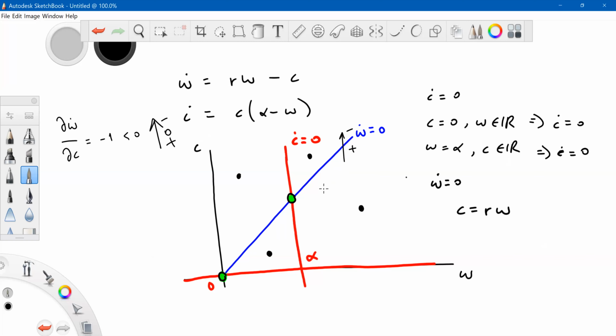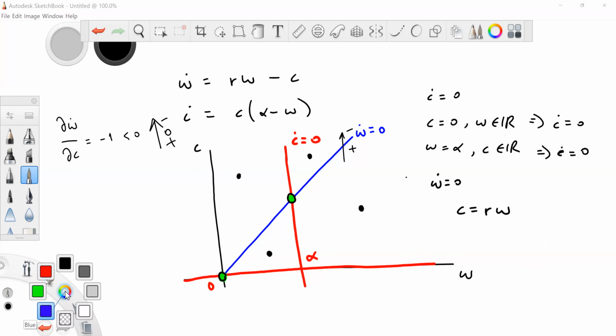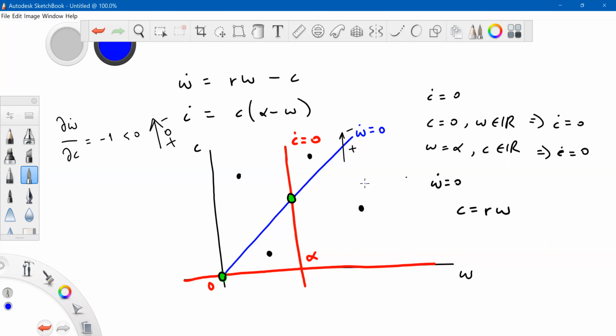Okay, so W is increasing below the line and decreasing above the line.